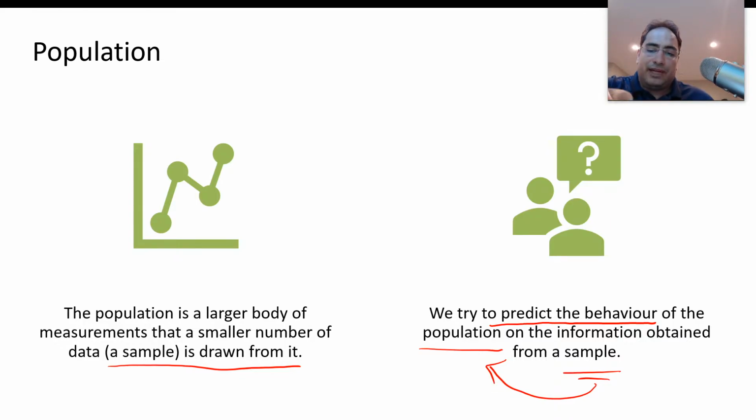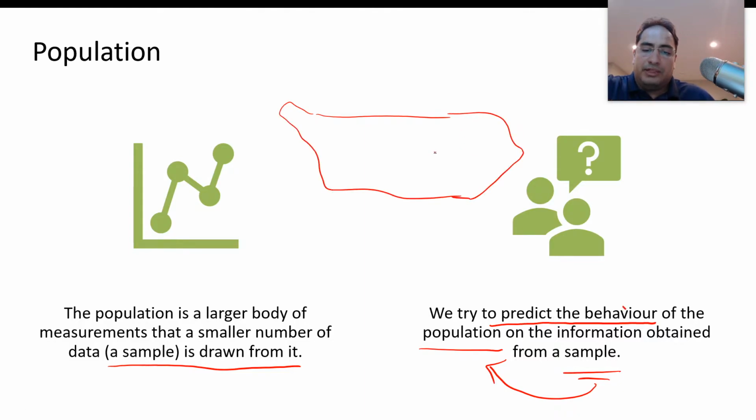For example, if for the whole of Canada we want to get the average height of the people, then instead of asking everyone, we get some samples from maybe Eastern Canada, Central Canada, Western Canada, and also from the North.